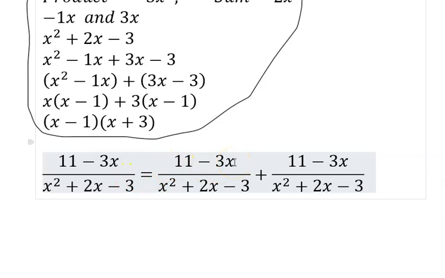So now in partial fraction, what we'll do is to represent what you have here with A, and represent what you have here with B. Awesome.